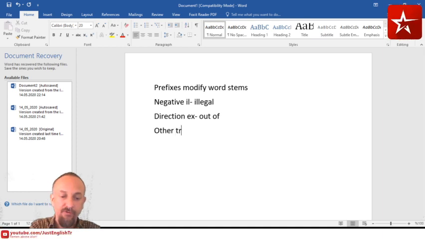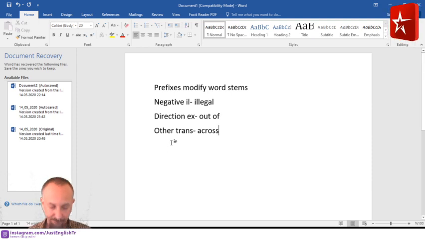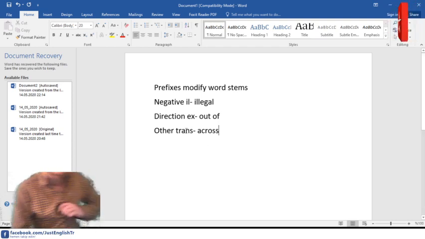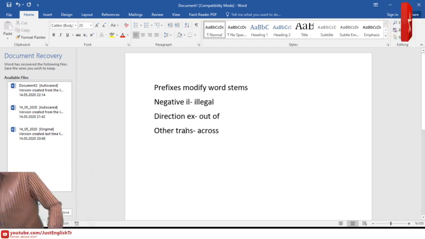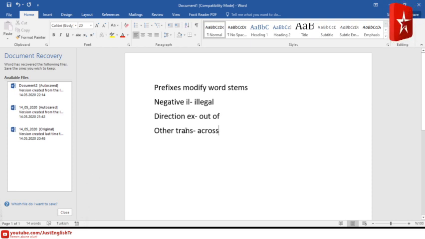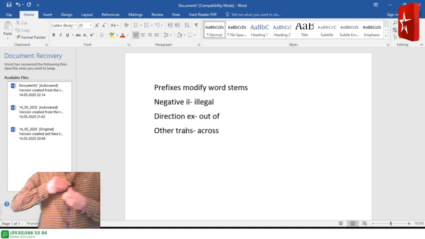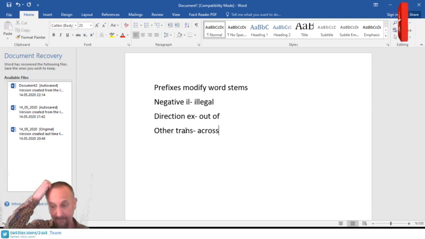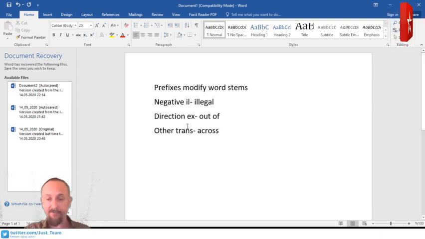And we had some others, trans, for example, meaning across, and we'll be seeing that later today as well.